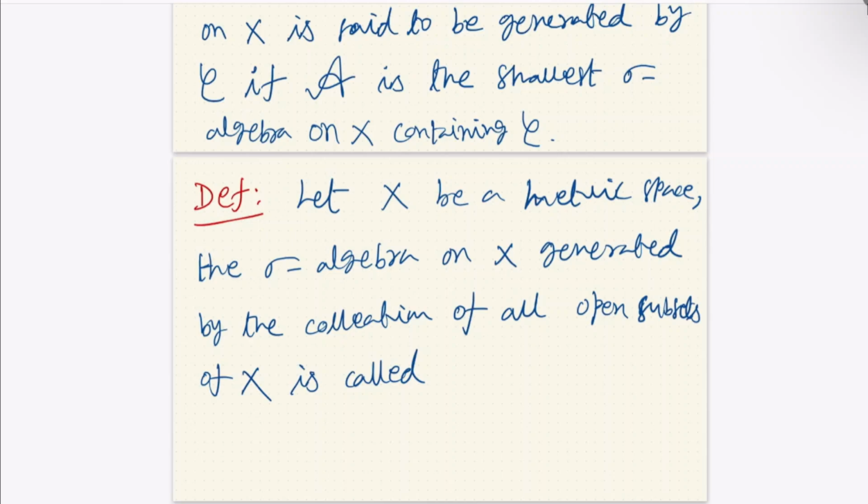Sir, for Borel sigma algebra, it requires a metric space always. I'm asking how you define the Borel sigma algebra without mentioning the metric.